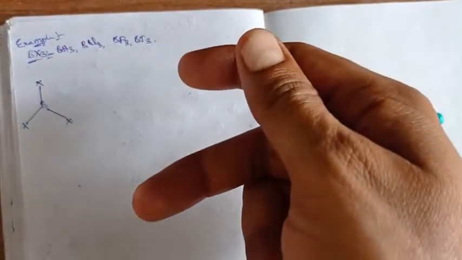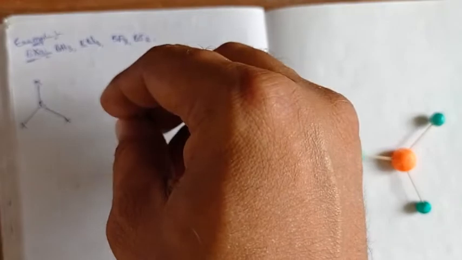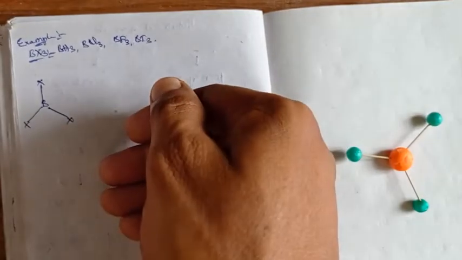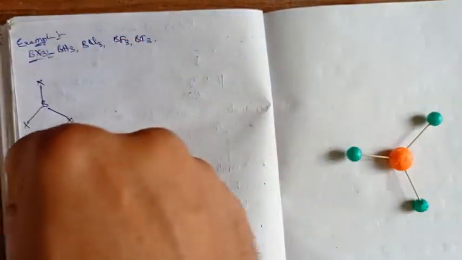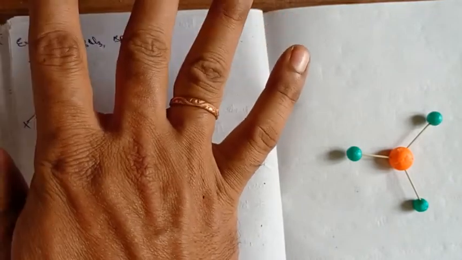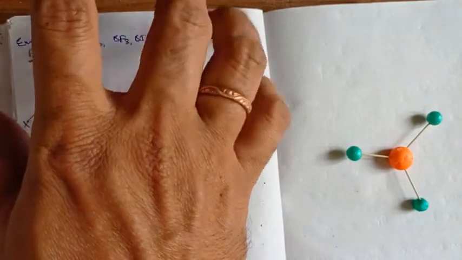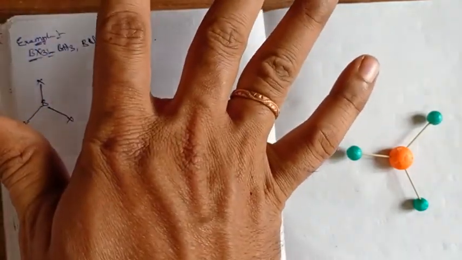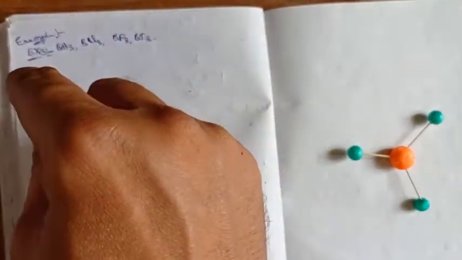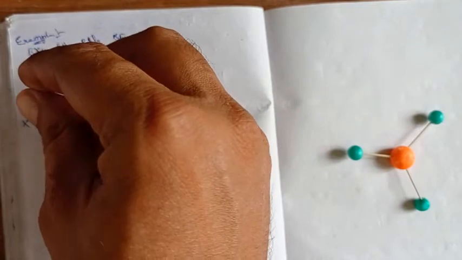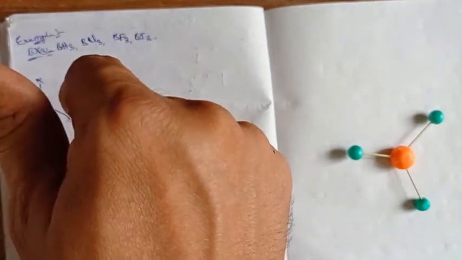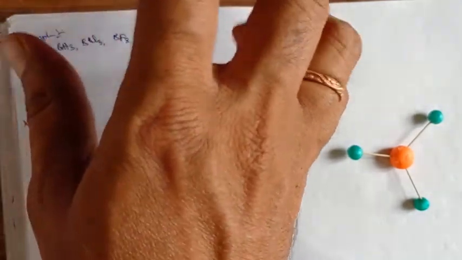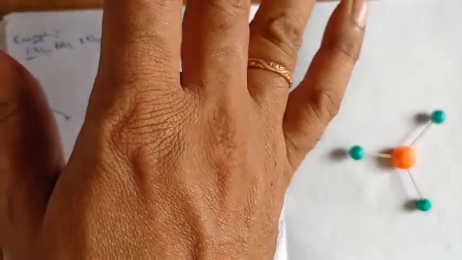We have to recollect the hints I gave in the last lecture: to have an equivalent or identical configuration, all the atom positions should not be changed or disturbed. That cannot be possible in rotation. In rotation, even a slight degree of rotation will disturb the atom positions, so the first point is never applicable here.